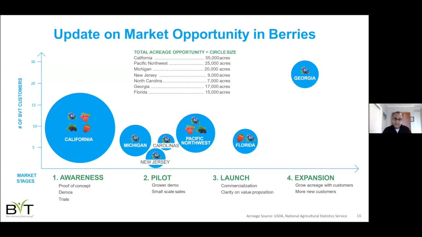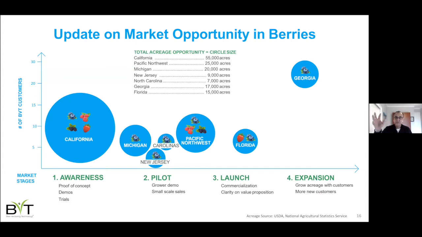And then along the x-axis, you can see where we are for each of those 7 microregions in that 4-stage process, okay? And on the y-axis, you see the number of customers that we are actively engaged with in that given stage. So ideally, what you want is all these bubbles to be in the top right corner, right?